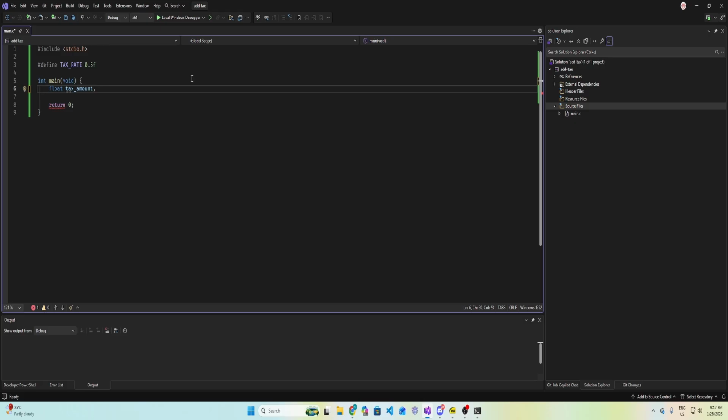Tax amount I'm thinking is the tax itself only, like 5% of 100 is 5. So tax amount is going to be holding the 5, and then let's just call the other one dollar amount. That's what the user is going to enter.